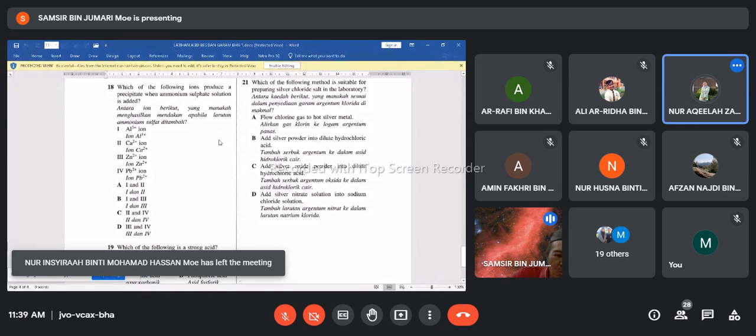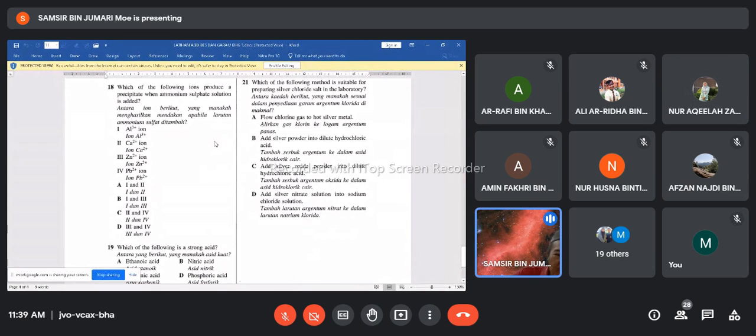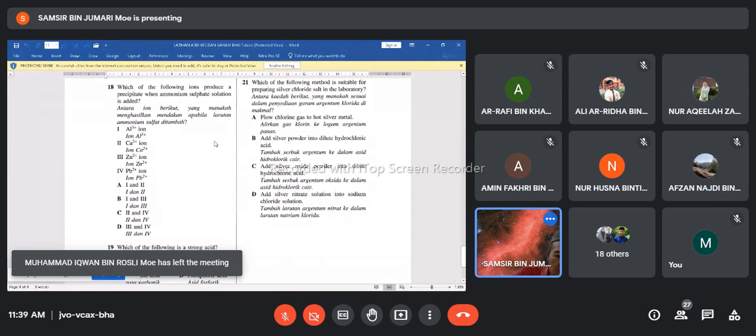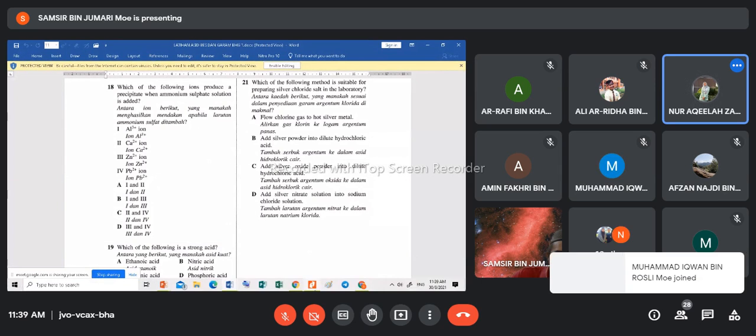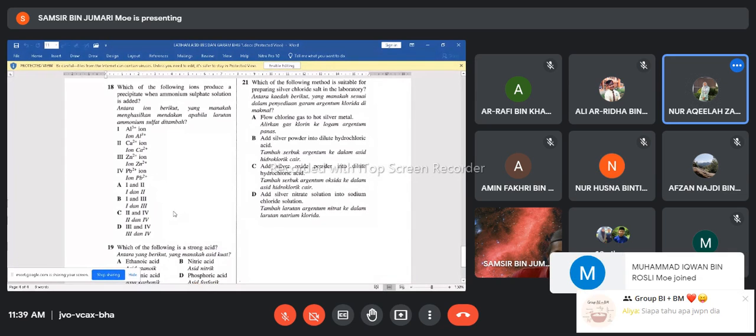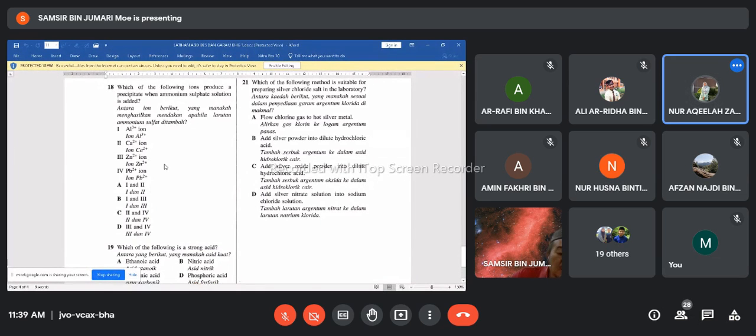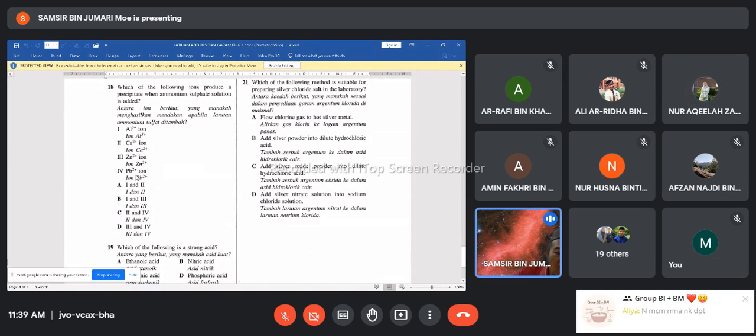How do you know that the precipitate will be formed? Two is calcium ion, lead 2 ion.